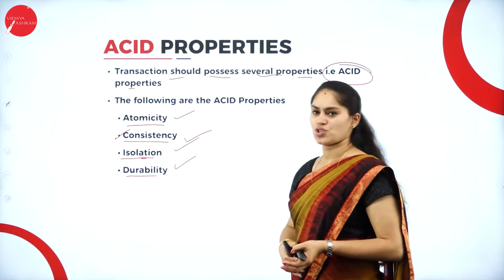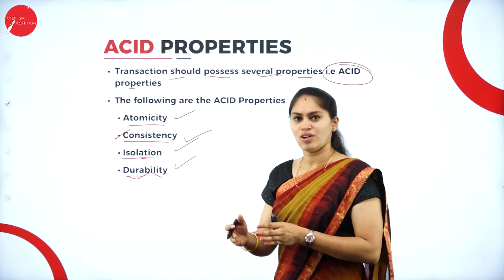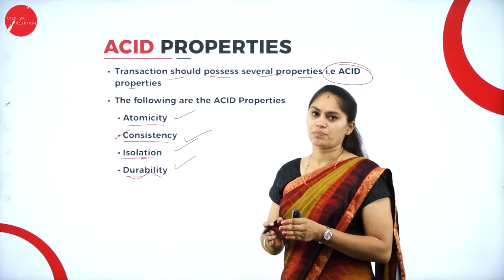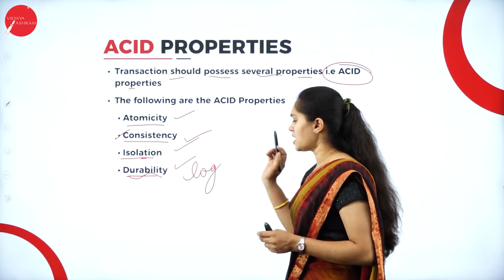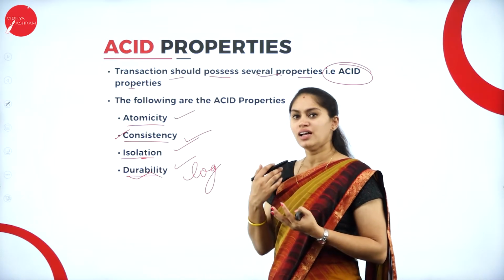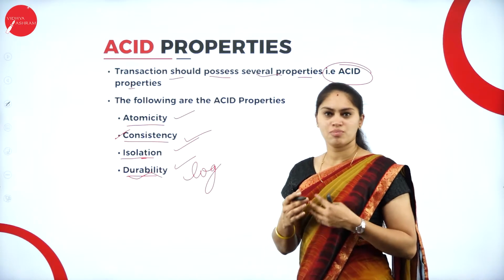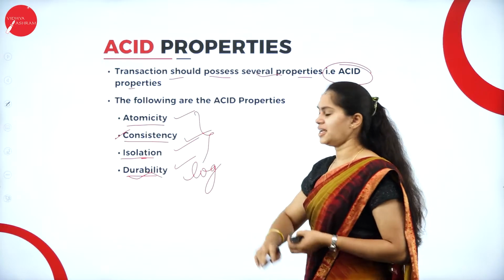That is isolation. And durability in the sense what? Whether it is a failure or a successful transaction, it has to be stored. In order to store that, we are going to have a log file that will store all the transactions with respect to the read or write operations that have taken place in the database. That is regarding ACID properties.